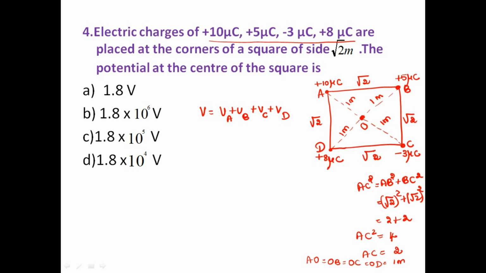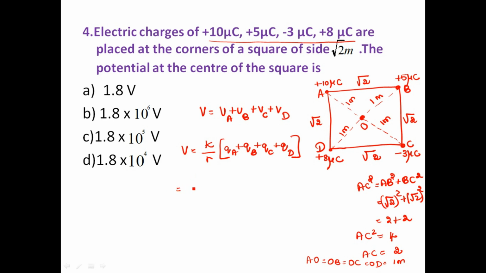So we are going to use the superposition principle to determine the value of potential at the center. So what formula can we use here? It is K into, what is the distance? It is R, and the charges are QA plus QB plus QC plus QD. Right? The charges present at the 4 corners.